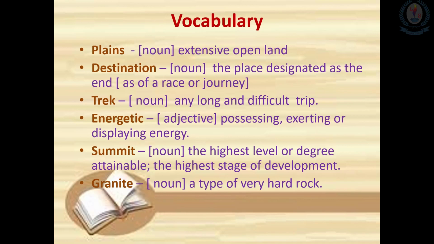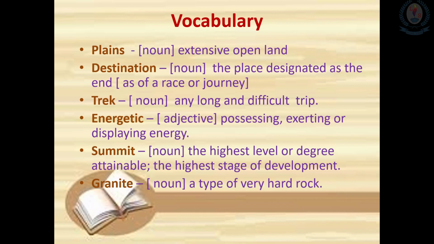Let's have an idea regarding difficult words also because it's important. Let's improve our knowledge of vocabulary. What is the meaning of plain? Plain is a geographical feature. The meaning is extensive open land and it is a noun.